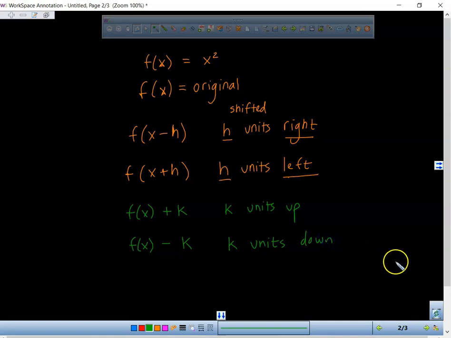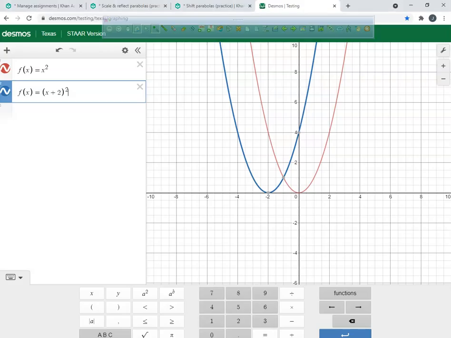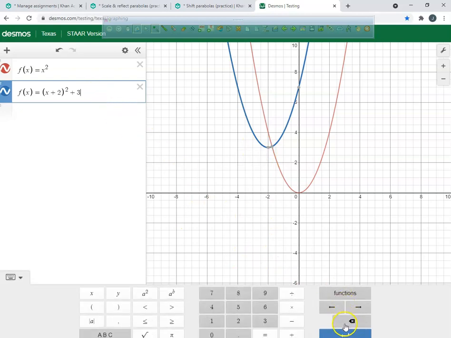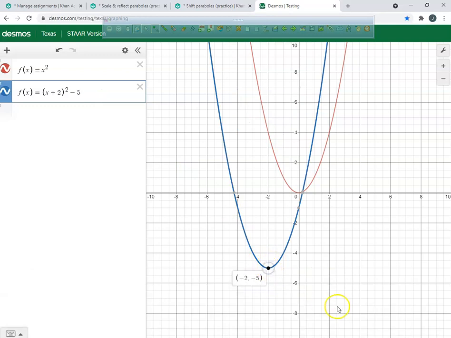We've got k units up, k units down. All right? Let me show you how that works. Watch this. What if I wanted to make this blue graph go up 3 units? I just put plus 3. Da, da, da, da, right? If I want to make that sucker go down 5 units, boom, way down there.